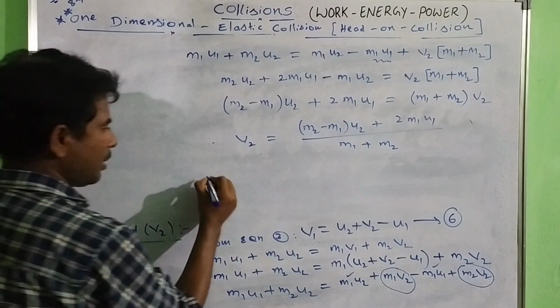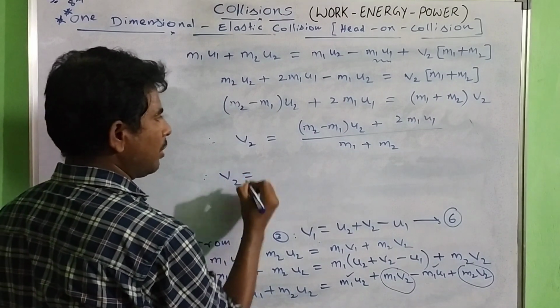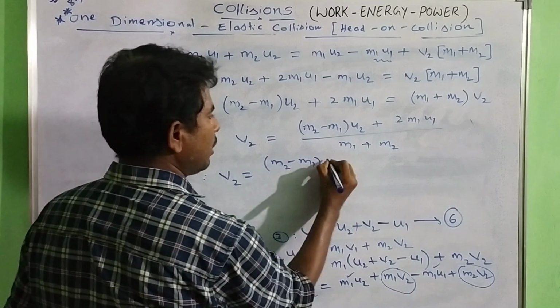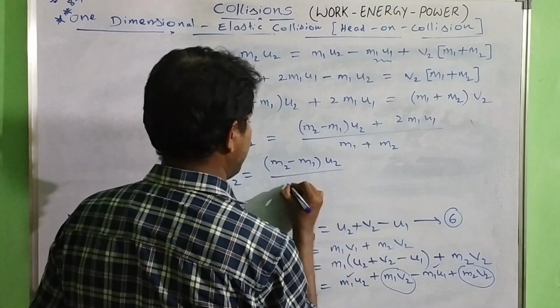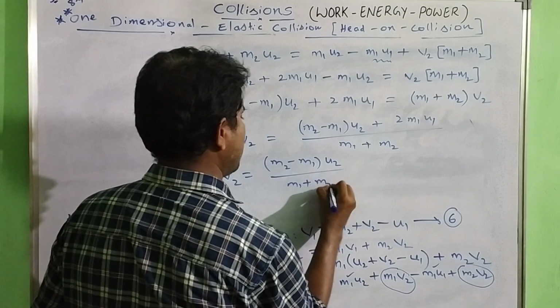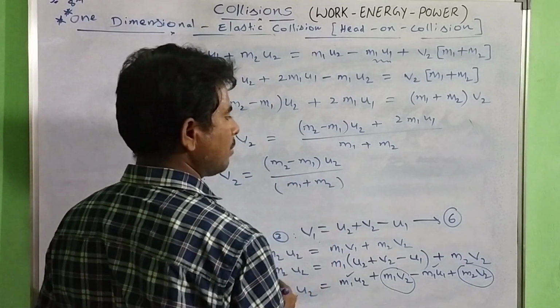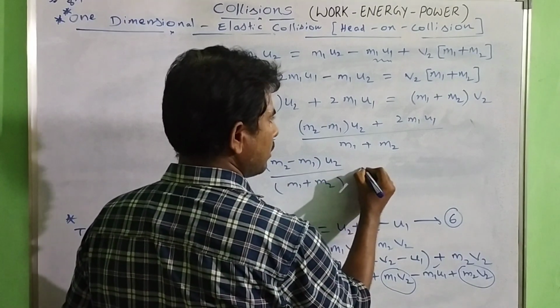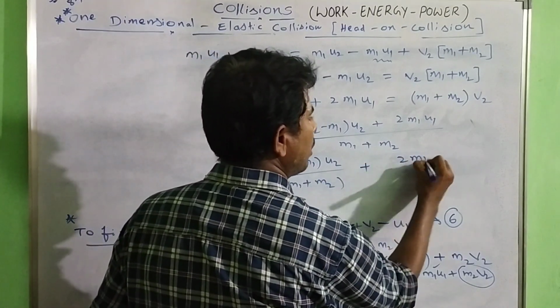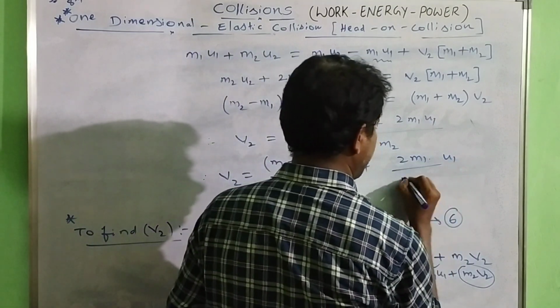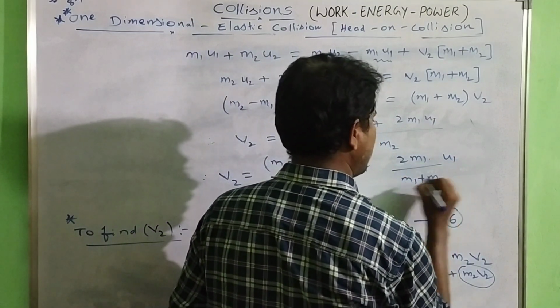Therefore v2 equals m2 minus m1 into u2 by m1 plus m2, plus 2 m1 into u1 by m1 plus m2.